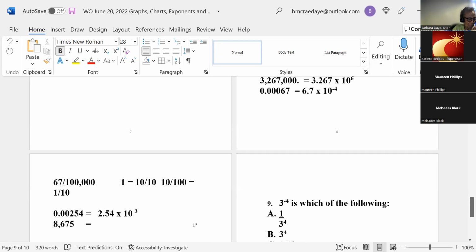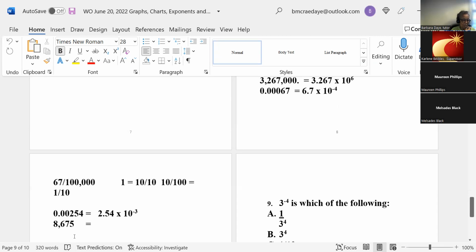Okay. Is that between 6 and 7? No. That would be 86. Remember, it's got to be less than 10. Oh, so I can't go to that side? No, the number you multiply times 10 to a power has to be a number less than 10.